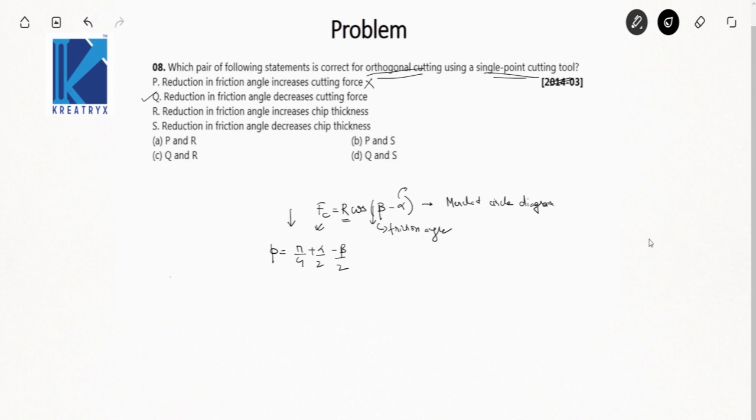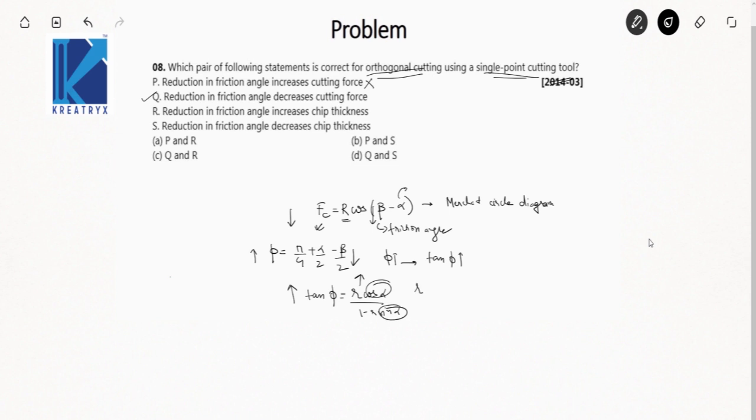So if beta is decreased, phi will be increased. Now if phi increases, tan phi will also increase. Basically tan phi is r cos alpha / (1 - r sin alpha). Since tan phi is increasing and these values are constant, r will also increase.